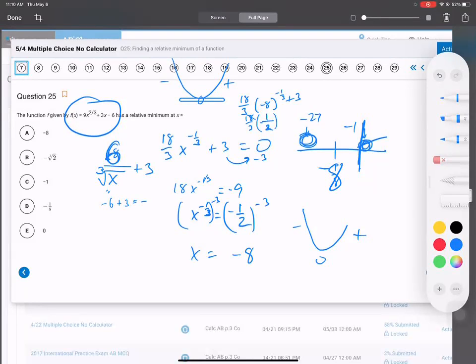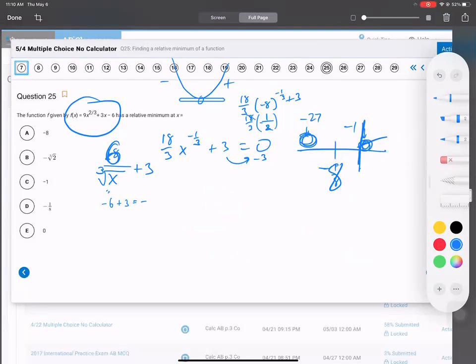Let me think. Negative 8 is my critical point, right? If negative 8 is my critical point, we can't plug in 0, because if I plug in 0, that doesn't exist anymore.